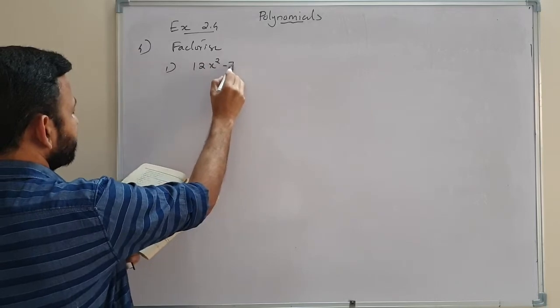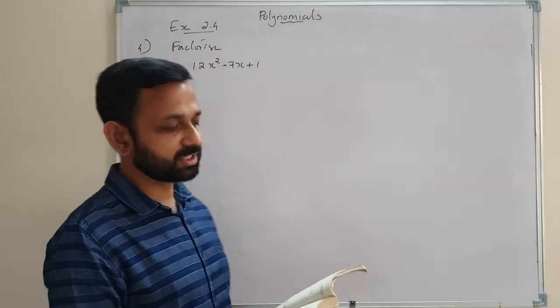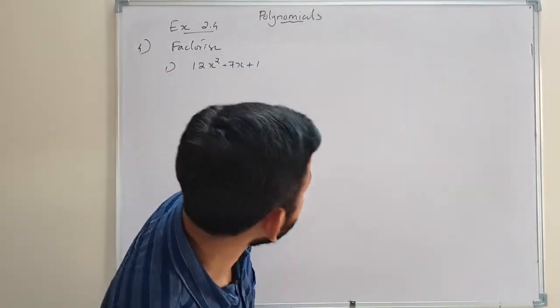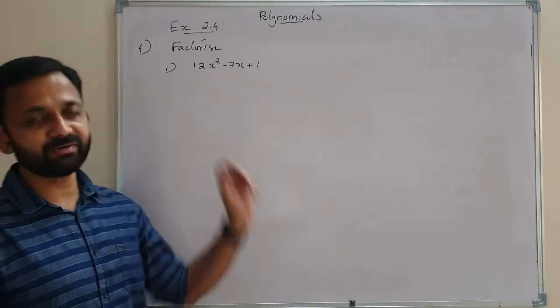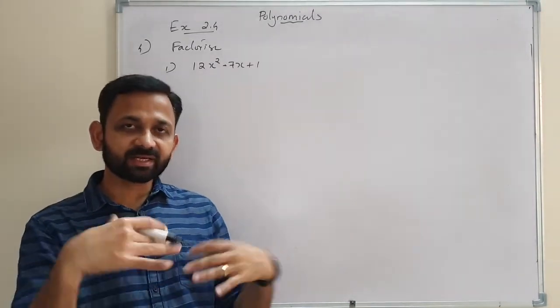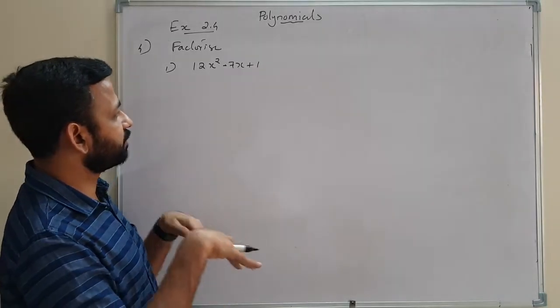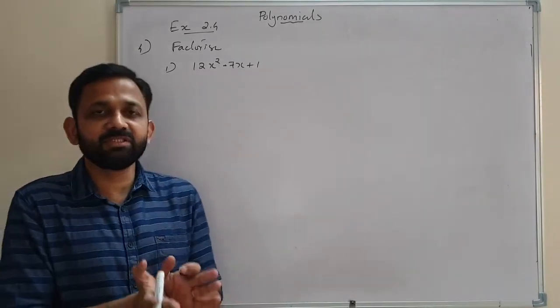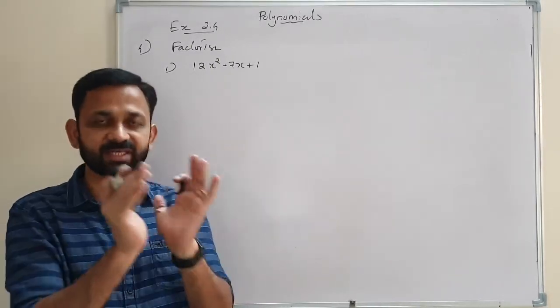12x square minus 7x plus 1. So here our question is factorize. Here we have a quadratic polynomial, a second degree polynomial in one variable, and we need to factorize that polynomial. Factorization: if we want to factorize any expression, that means we convert that expression into the product of its factors.